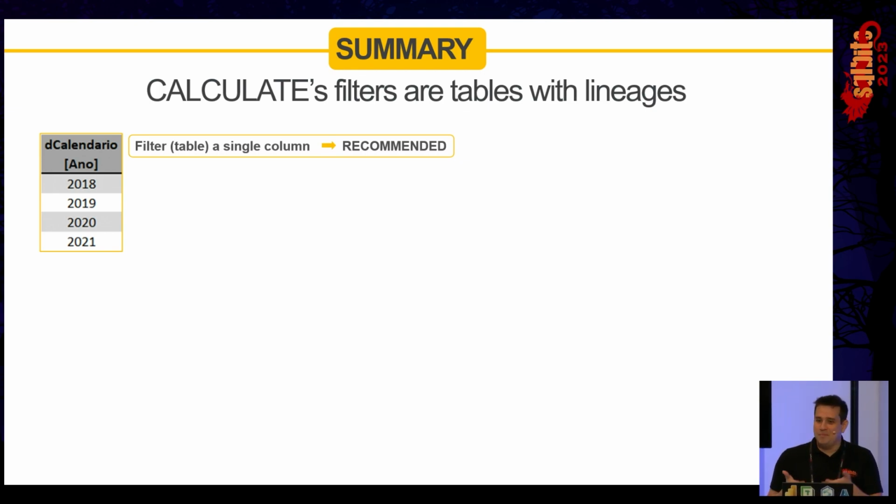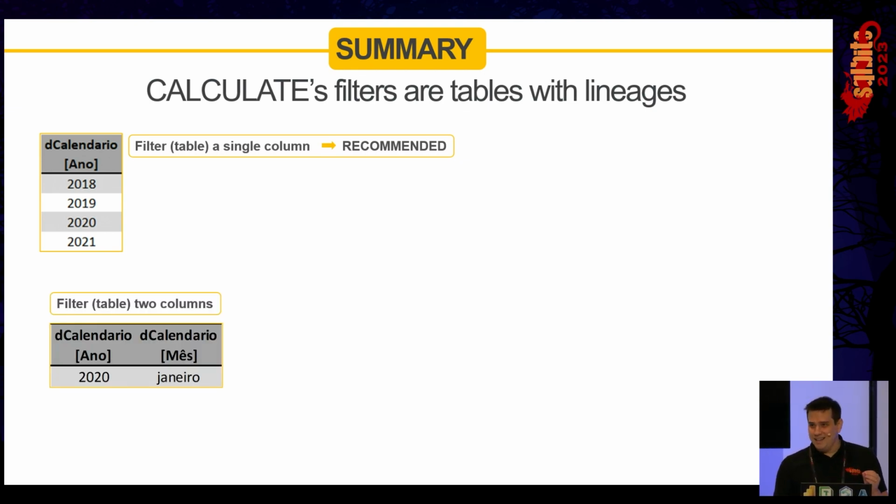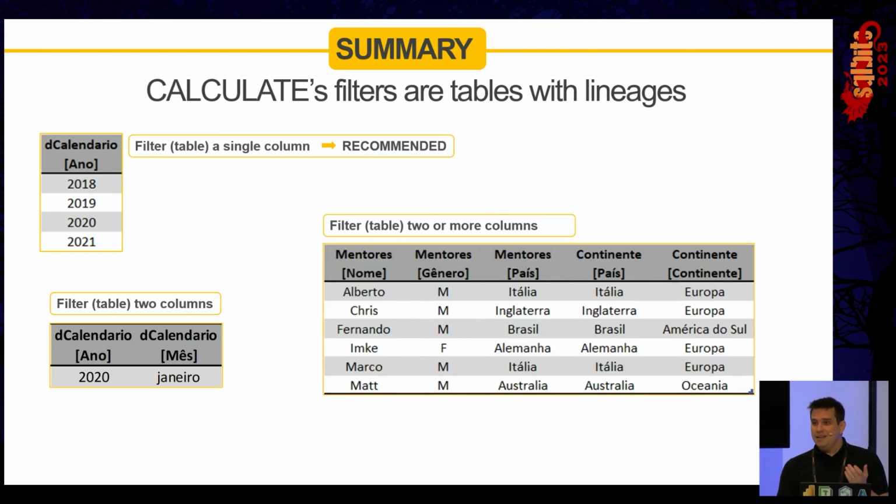Therefore, you're going to have better performance. You can, but you absolutely shouldn't, filter more than one column in the same table filter, especially if those lineages come from different tables. You can get out of hand with that, okay? So be careful. And we can put a whole table over there.